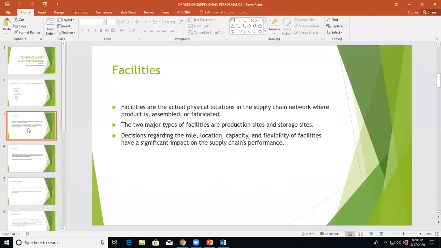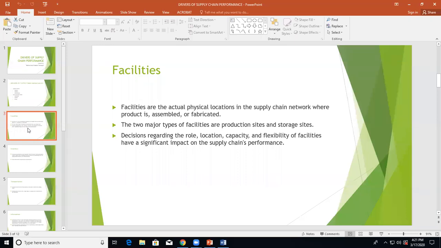So what does driver mean? Again, students are asking. I told you, through drivers we get the performance in the supply chain. Through working with the drivers, we get the efficiency and effectiveness, which we will be discussing after a while.